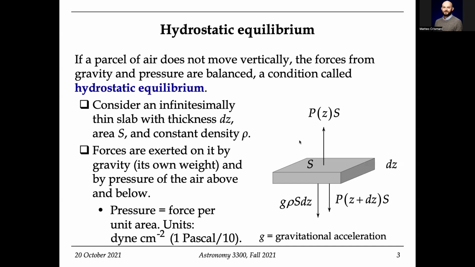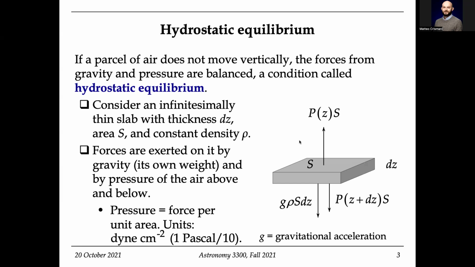So consider a small block. It has thickness dz. It has an area, we call that S. And the whole thing has density rho. So in this direction, I have rho g. Do we see how we go from this mg to rho g?